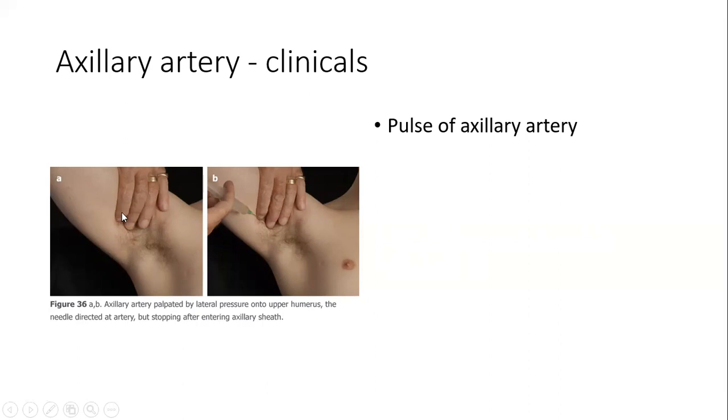And now we know that the lateral wall of axilla is formed by the upper part of humerus, including intertubercular sulcus. So the doctor is going to put at least three fingers, index, middle, and ring finger, at the lower part of the lateral wall of the axilla, pressing the fingers against the humerus.